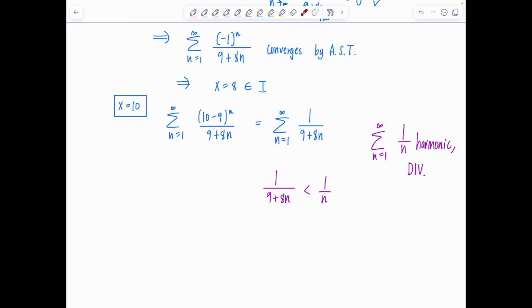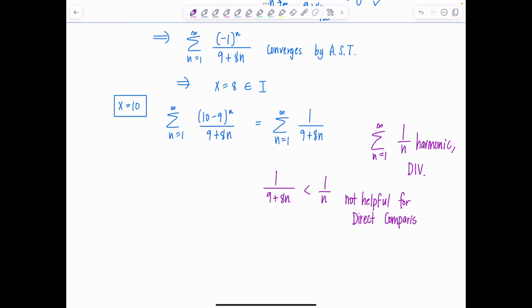And remember, if we do direct comparison, and I'm trying to show our series diverges, I need to show the inequality in the other direction. So this is not helpful for direct comparison.